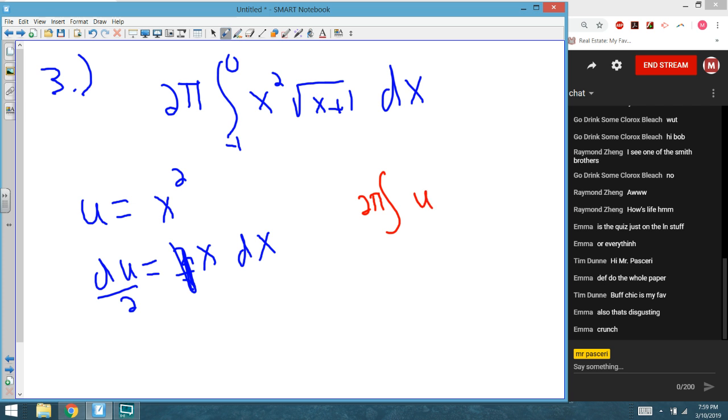But the problem is, now this stuff right here, this x plus 1, I don't know what to do with that. What is this x squared? So x would equal the square root of u, I guess. So it's like this, plus 1. And then there's this dx. But dx has an x in it, right?